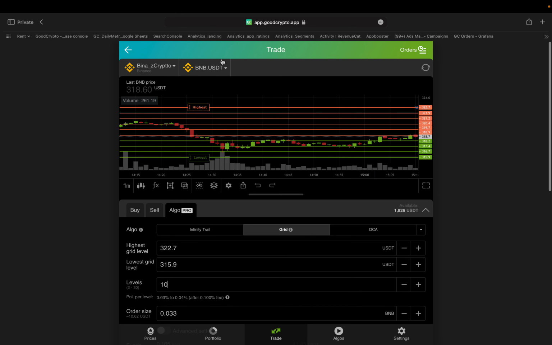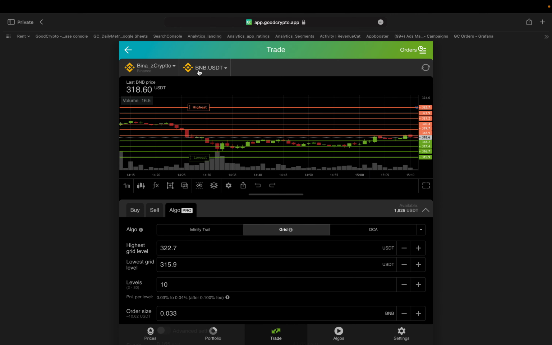Base currency in crypto trading is the coin you're trading, and that's the quoted currency. The price of the base currency is quoted in the quoted currency, so you say that one BNB costs 300 USDT. That's why it's called quoted currency.